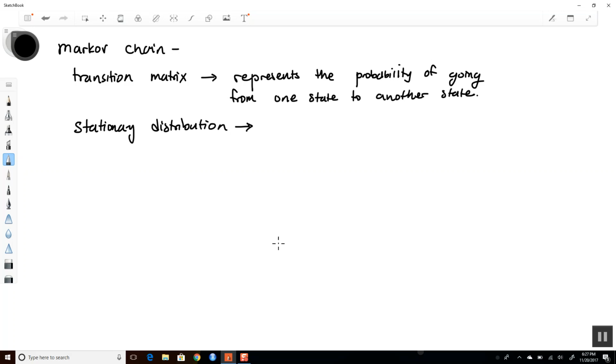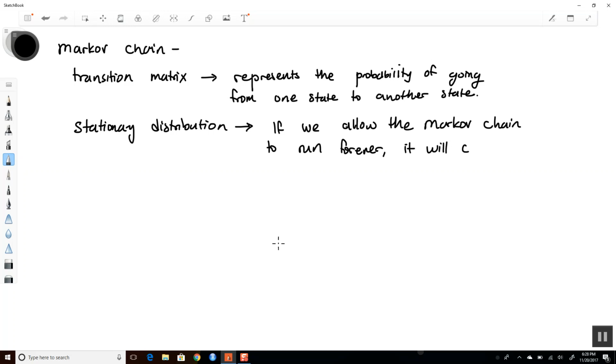If you allow the Markov chain to run forever, it will converge to the stationary distribution, okay?